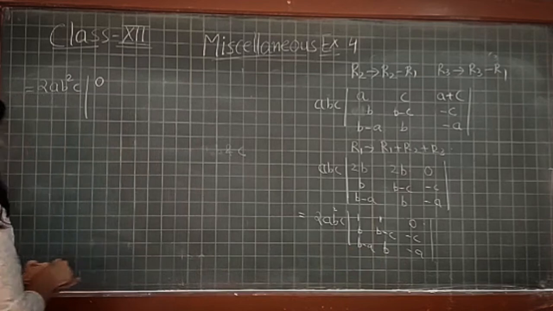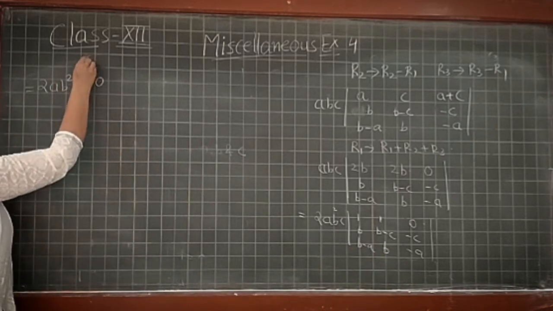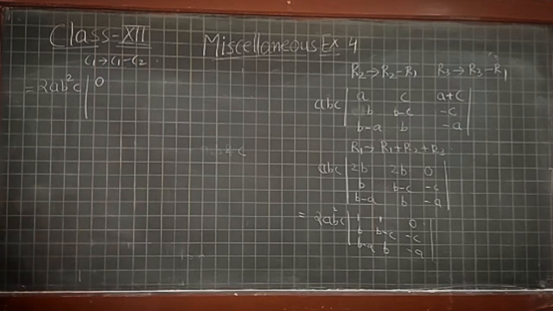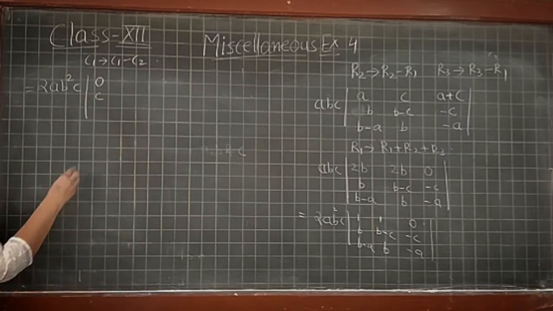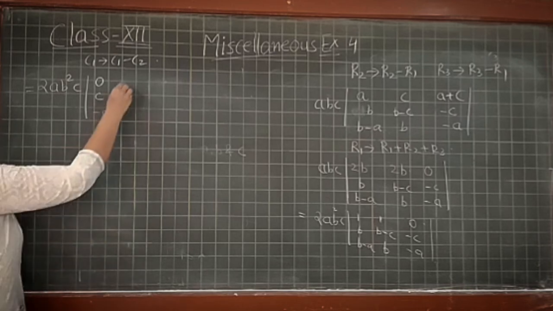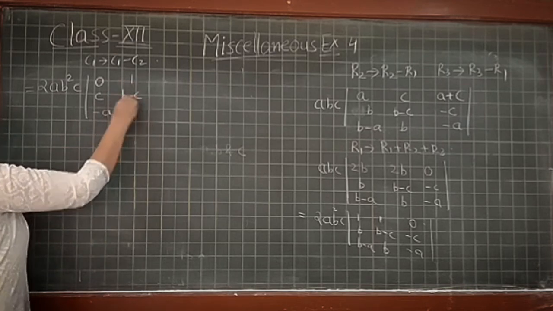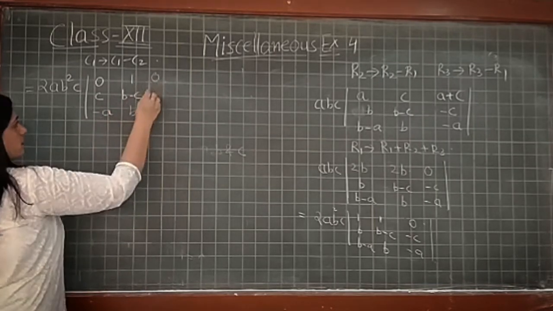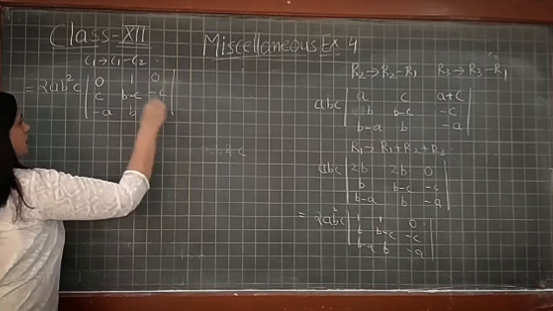So C1 minus C2, you have 0, then B minus B, and this will be C, then B minus A, minus B means minus A. Then 1, then B minus C, then B, and 0, minus C and A.